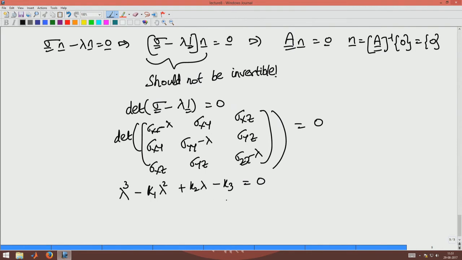This is where the principal invariants of the stress tensor arise, where k1, k2, k3 are the principal invariants of the stress tensor.